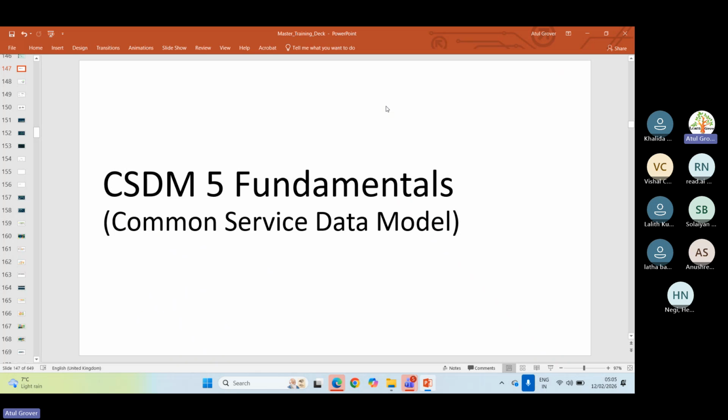What is the problem statement that ServiceNow thought needed something like CSDM in place? I am a service provider, an IT department, providing services to HR, finance, legal, facilities, a lot of places.